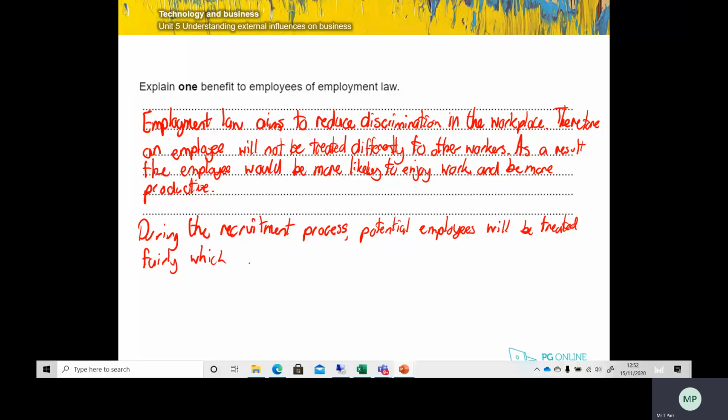Which means that they will all be considered equally. Okay, so this is showing your knowledge of employment law and discrimination when it comes to recruitment.